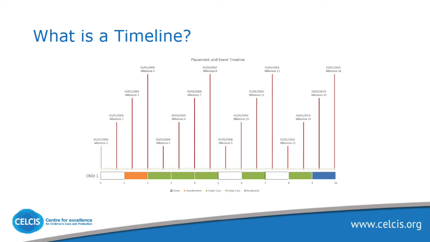A timeline is a visual display of information. A picture paints 1,000 words. Prior to compiling a timeline, you have to decide what information you want to display. It's important to remember that this may not represent the whole picture, that is, a child's whole care experience, but something significant at a particular time.